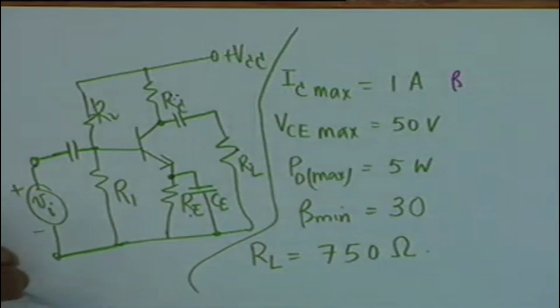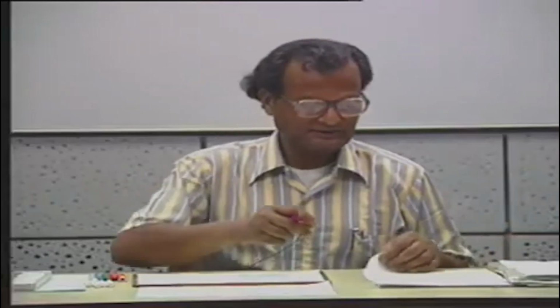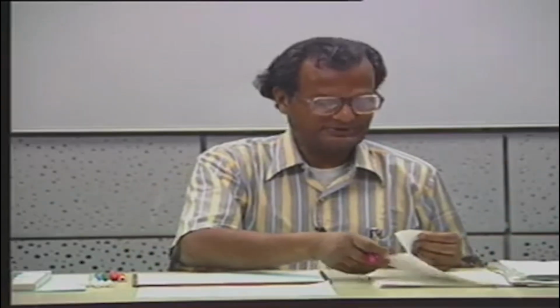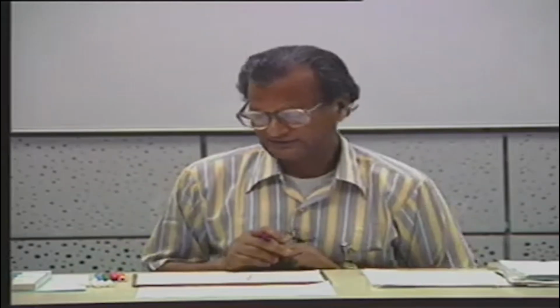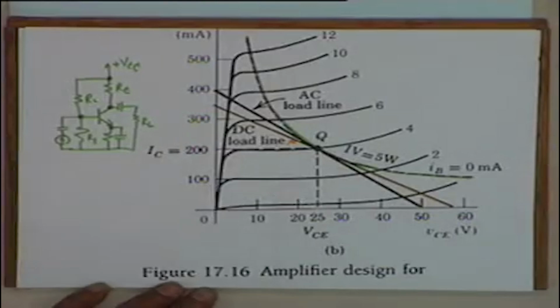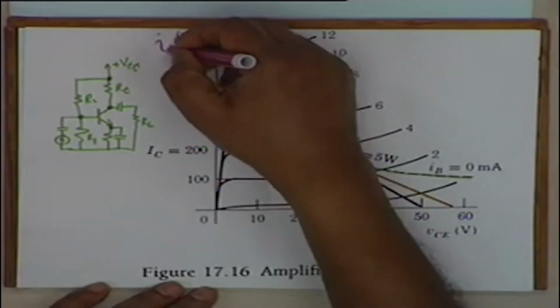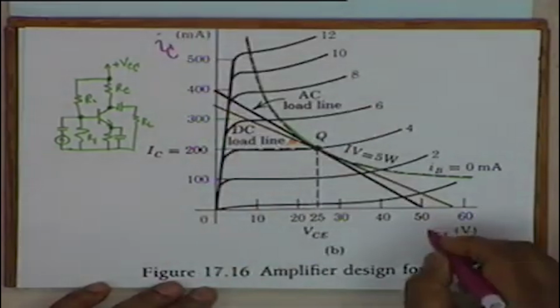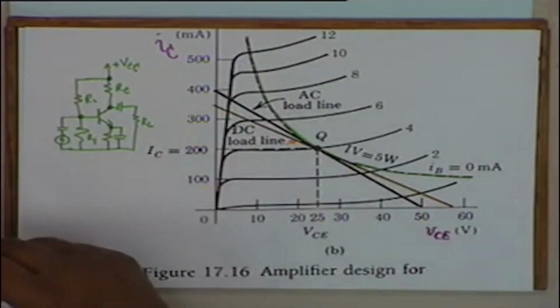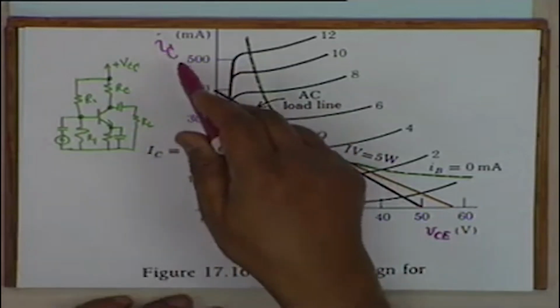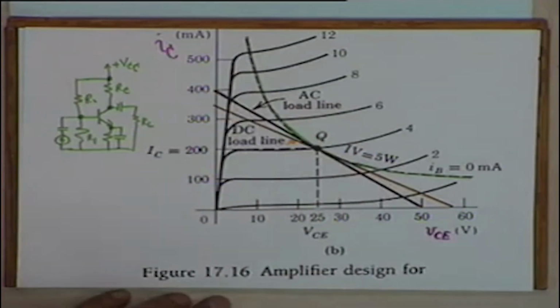Now in order to see how to choose the Q point, let's appeal to the characteristic curves of the transistor, the I sub C versus VCE characteristic. This is I sub C in milliamperes plotted versus VCE. You notice the nomenclature, small i subscript capital C, denotes the total collector current, that is DC plus any signal current.